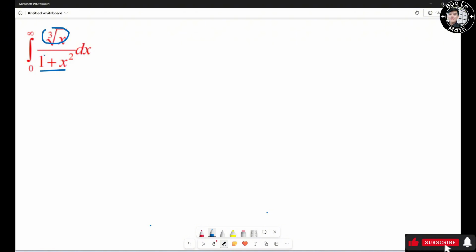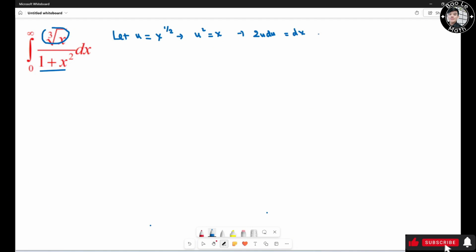So let's try a substitution that balances the power. Alright, so I'm gonna let u equals s power 1 half. Alright, so if I square both sides, it's gonna be u squared equals s, right? So then I have 2u du equals ds, right?